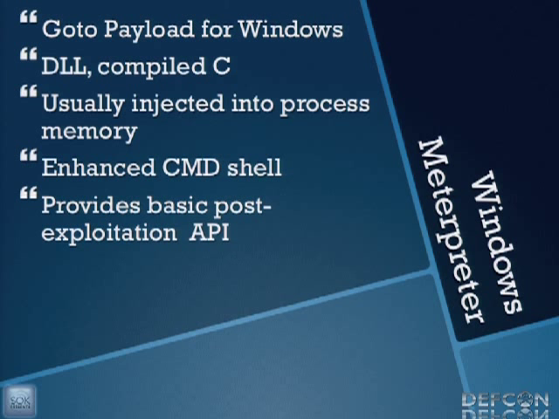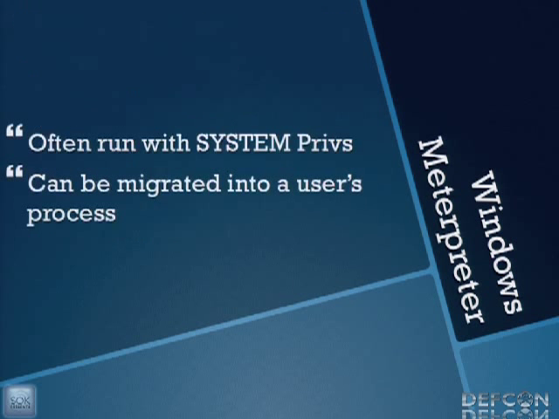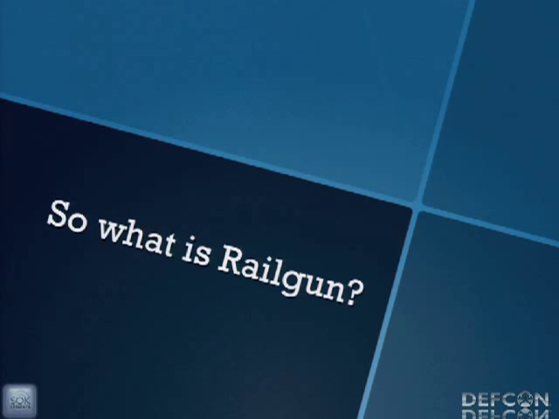One of the benefits of Meterpreter is that we can migrate. Once we've gotten that initial shell, we can migrate it into other processes and gain system level access very quickly and easily.